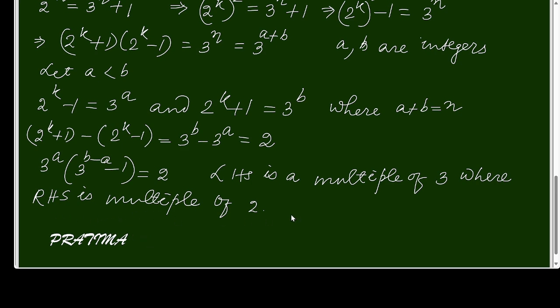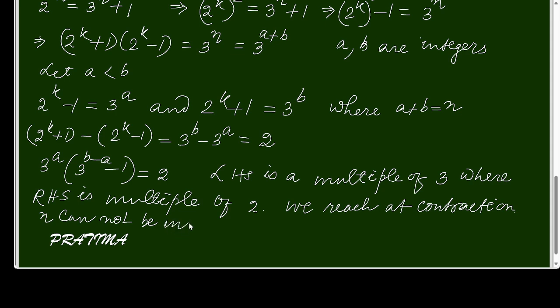Then we reach a contradiction. So n cannot be more than or equal to 2. So (2, 1) is the only solution.